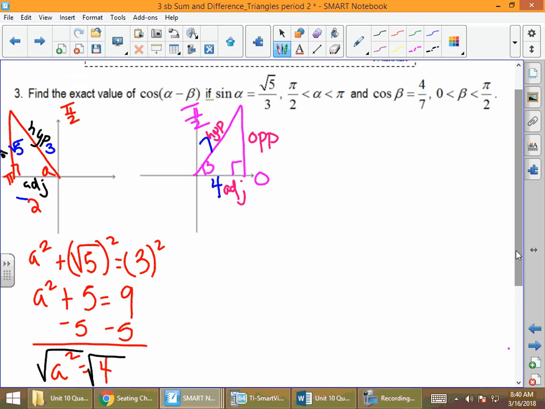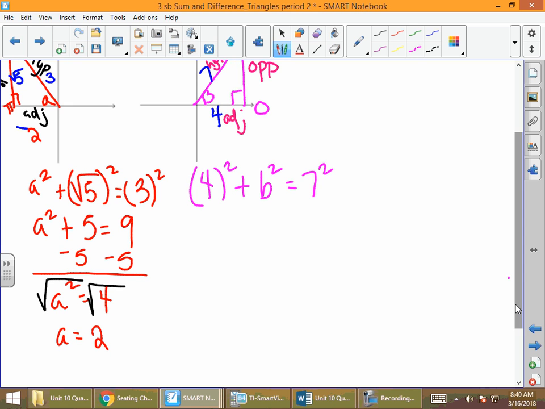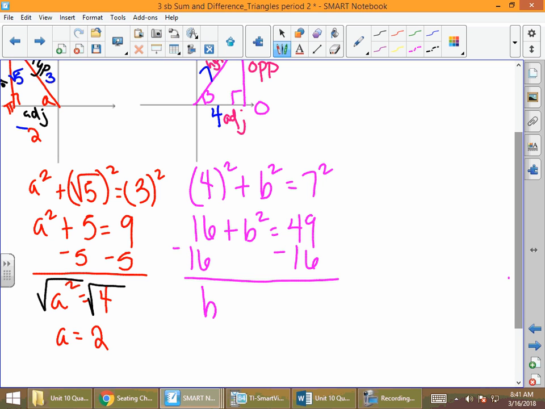And we want to find our opposite. So it's going to be 4 squared plus b squared equals 7 squared. 4 squared is 16 plus b squared equals 49. And we can subtract 16 from both sides. We'll get b squared equals 33.